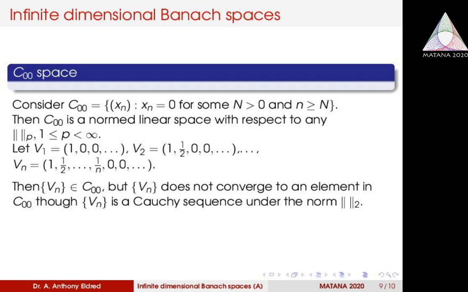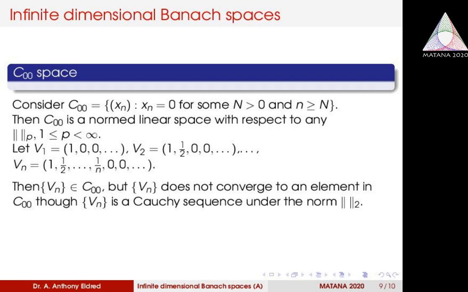So to check that vn is a Cauchy sequence under the 2 norm, we have to consider vn minus vm, and the norm of vn minus vm will reduce down to summation i from m to n of 1 by i square.